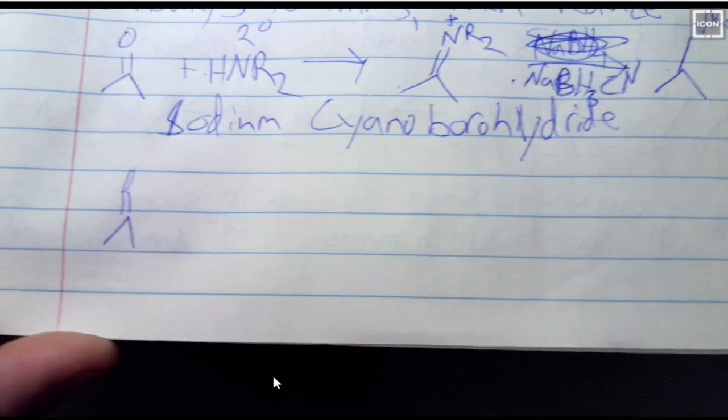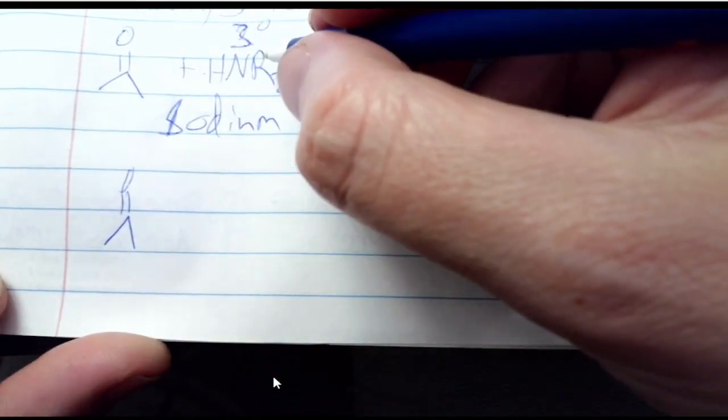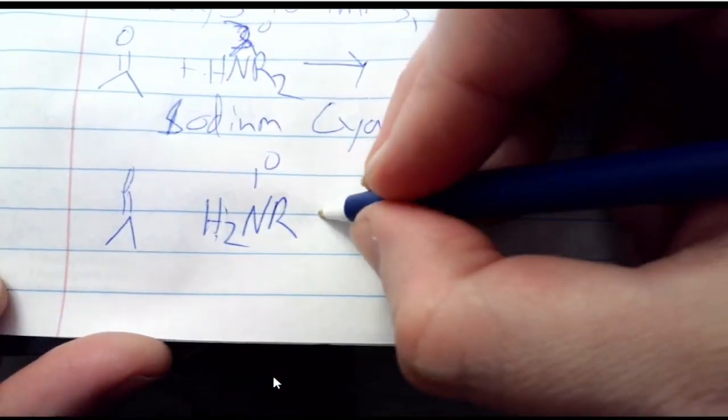But here's another one. Quick reminder, if I had another ketone that was attacked with a secondary amine, what happens if I attack with a primary amine instead of a secondary amine?